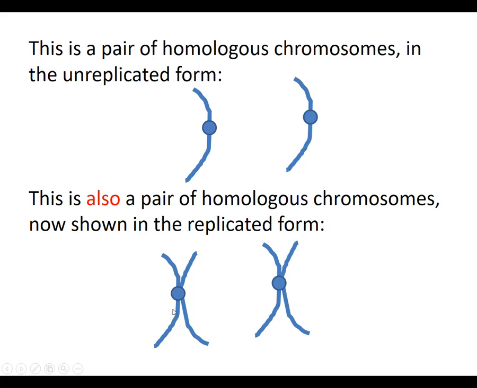So for example, the chromosome on the left maybe came originally from your mom, and the chromosome on the right originally came from your dad. But the chromosomes can exist either as monads, and that depends on the phase of the cell cycle, and they can also exist as dyads.